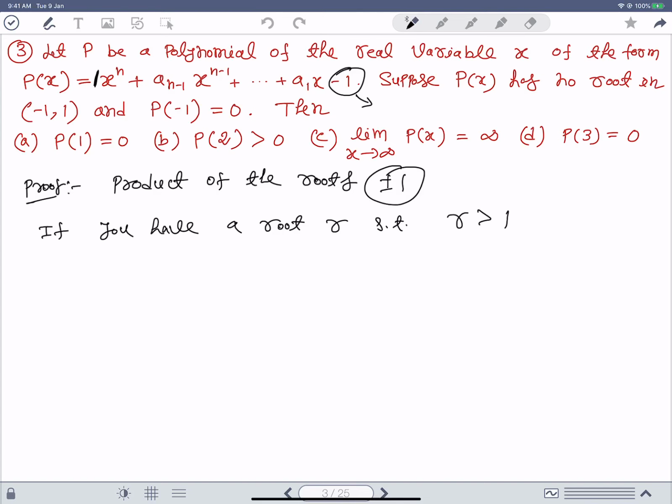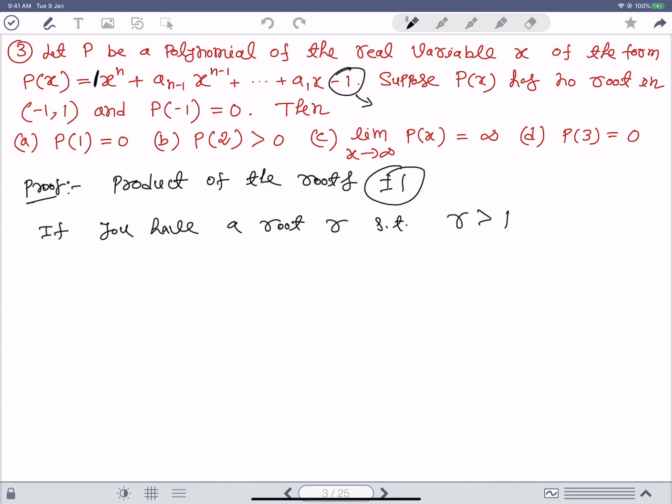Yes, the product of the roots is minus 1. Sorry, I did not get that. You wrote here the product of the roots is plus or minus 1, but the last term is minus 1, so the product of the roots is only minus 1. Is it not depending on n even or odd? I forgot that one.